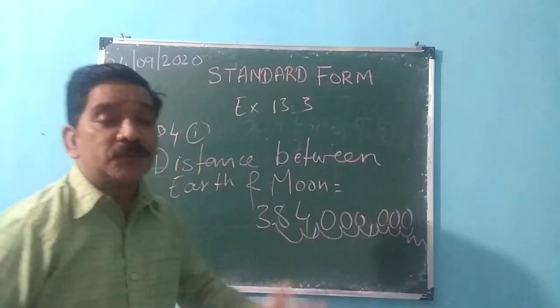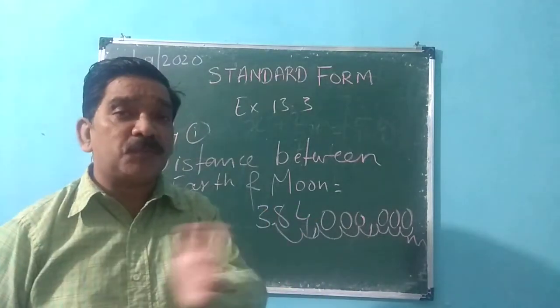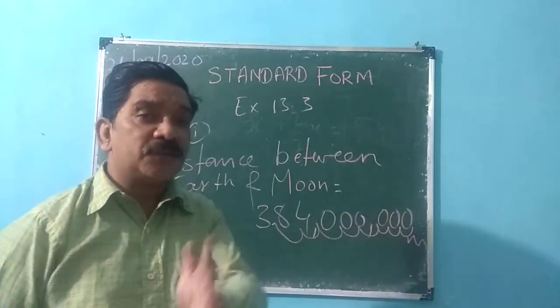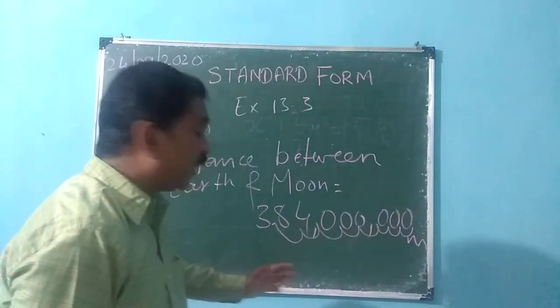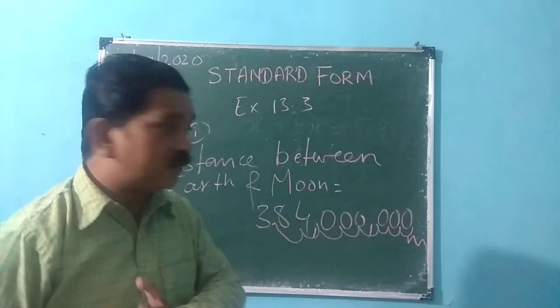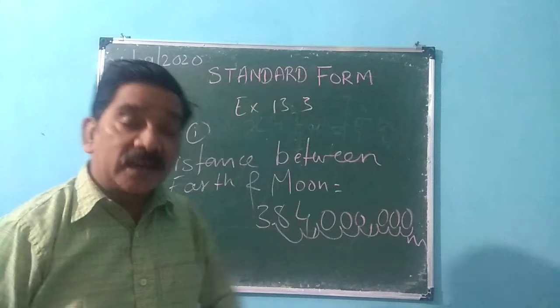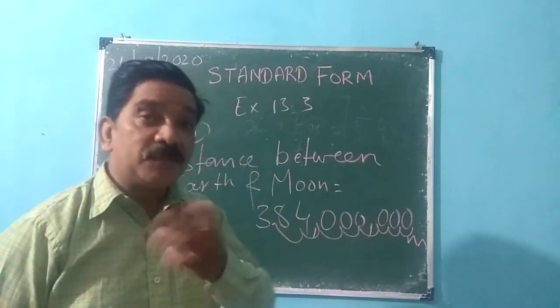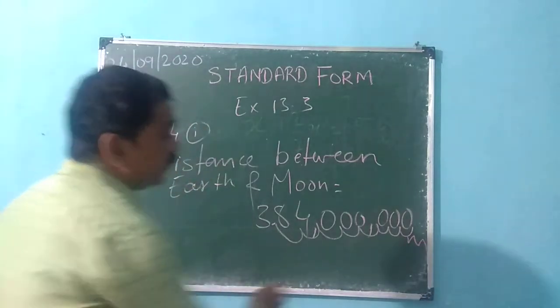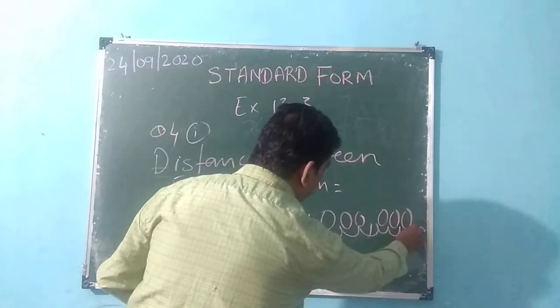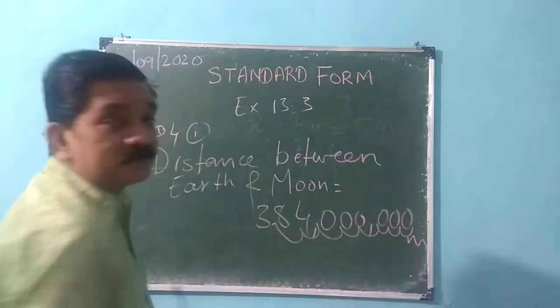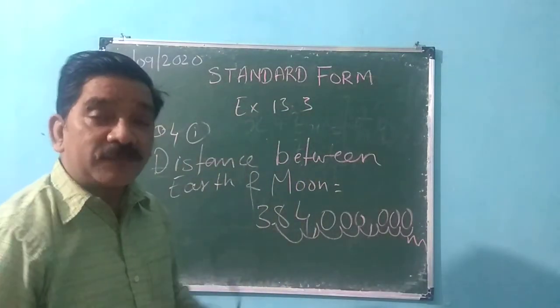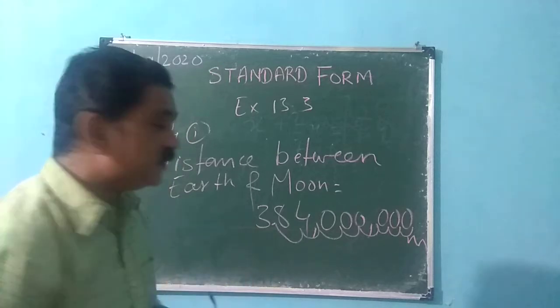As I just told you, numbers expressed in the form of 2.6 into 10 to the power, or 3.6 into 10 to the power, all those kinds of numbers are standard form. So this number can be changed to standard form. If I have to bring this decimal from this point to this point, I have to make some changes. And what is that change?